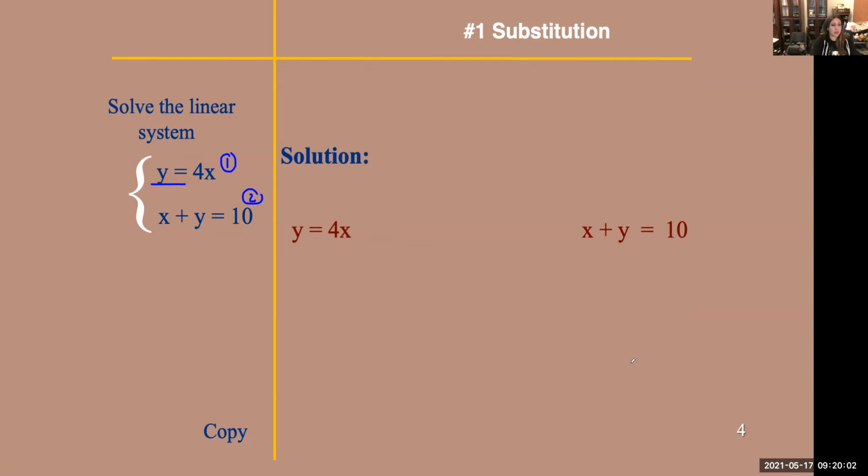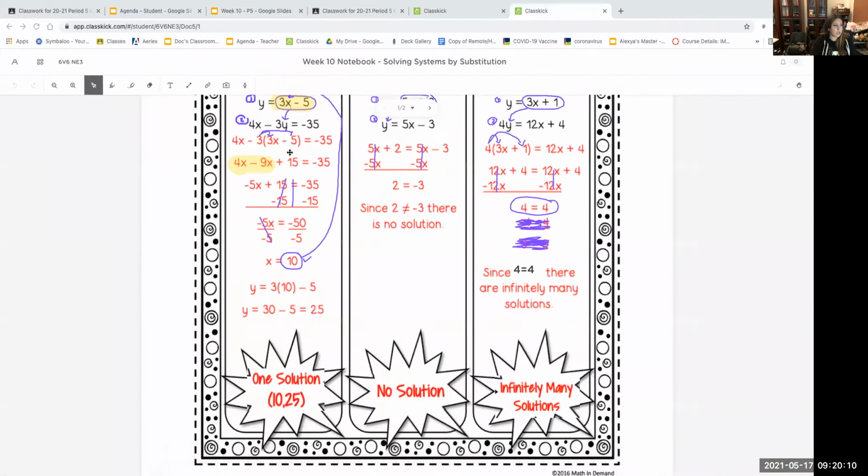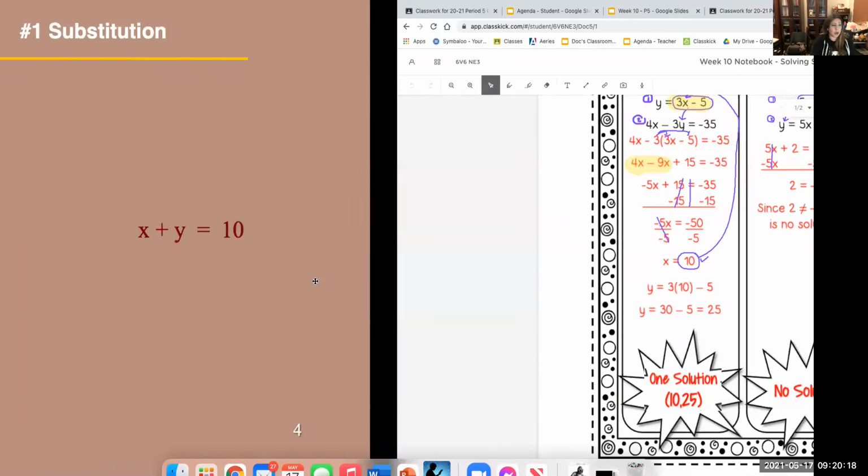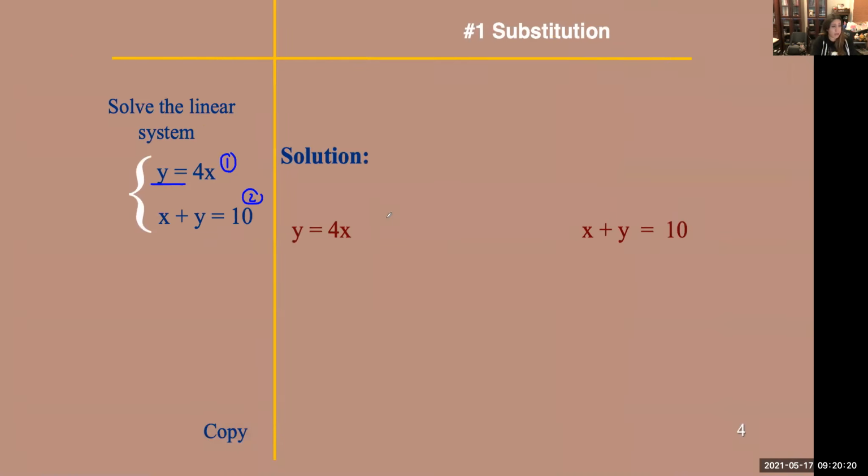I've had a lot of times where kids only do the x part and forget to replug it in. When they're doing it going down, I feel like you have more of a chance of making that mistake versus doing them side by side. Like I said, it creates a circle, which helps you remember, I still have one more step.